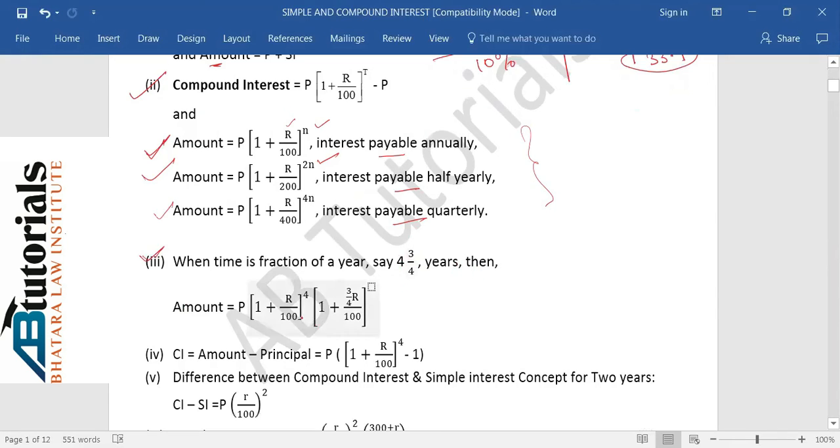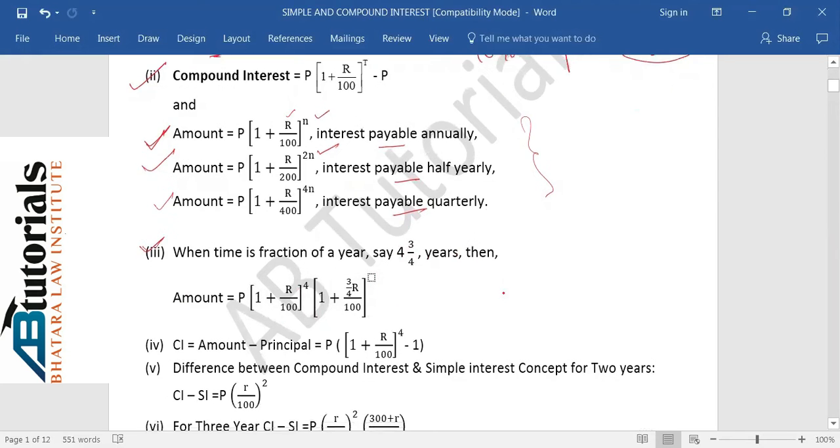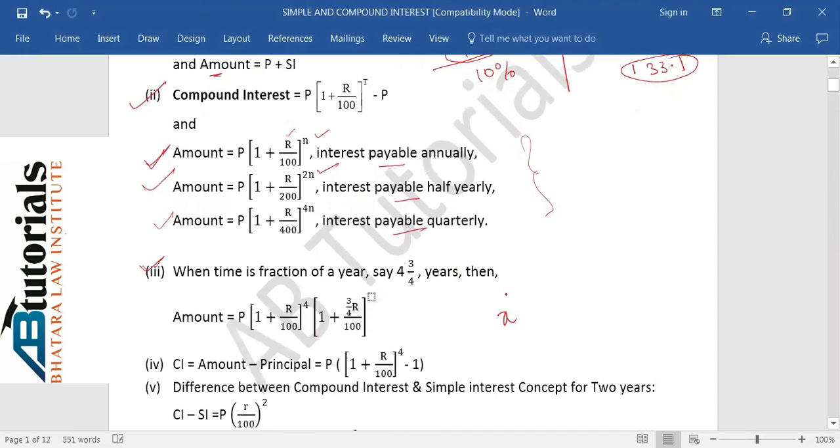It can be written as 4 and 3 by 4, and we know that in case of an expression, suppose it is x to the power n by 2, this can be written as x to the power n into x to the power 1 by 2. So we can break it down in this form.